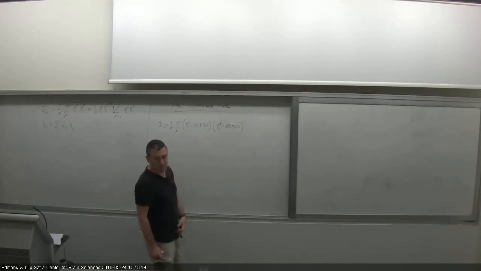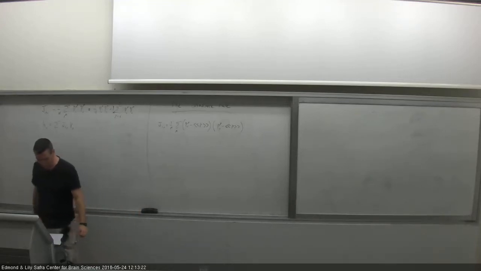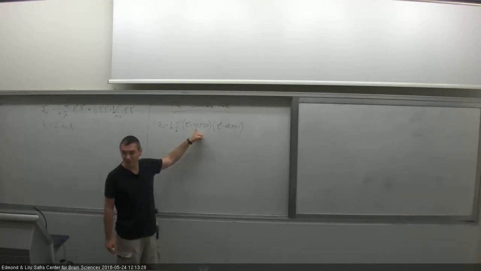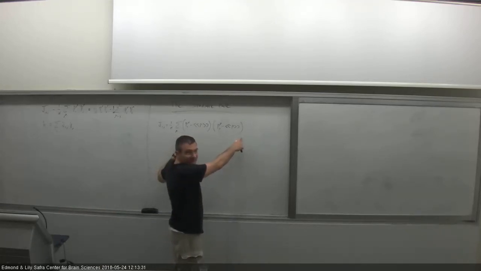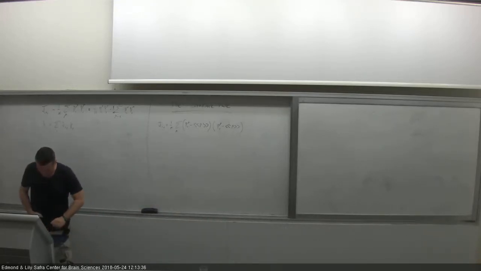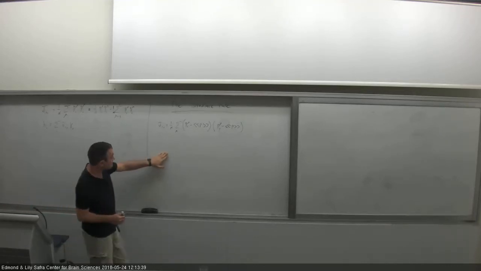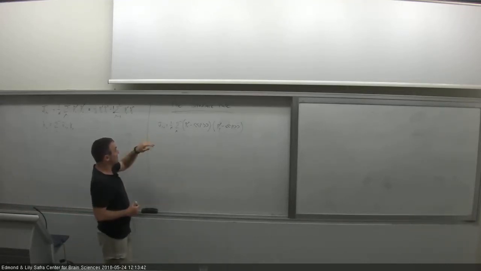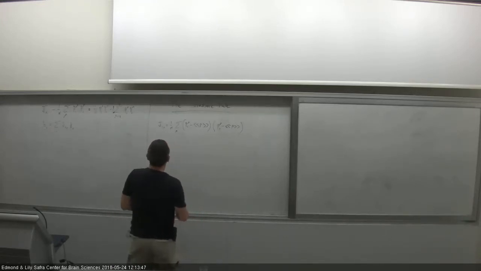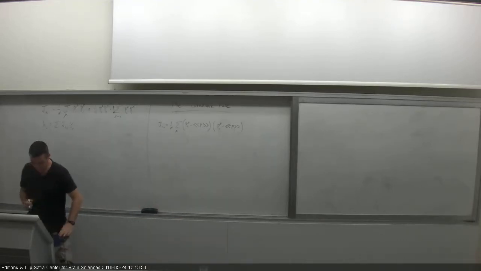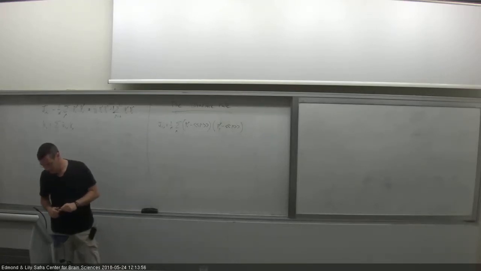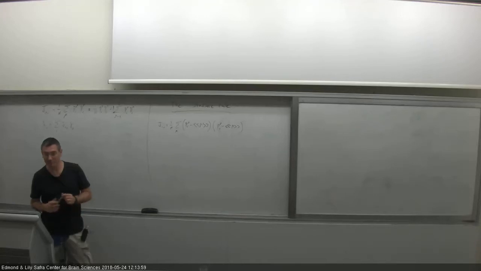But if pi and pj are equal to 1 and minus 1 with a different probability, then this term will not be equal to 0, but the average of this would be equal to 0. So this is a way of overcoming the problem in the Hopfield model. It's known as the covariance rule, and one can prove that with this rule the capacity goes back to approximately the original capacity.